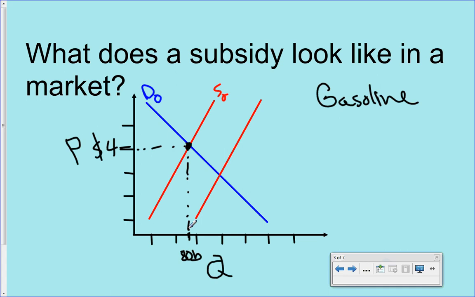They'll say to suppliers, if you lower your cost, we will give you $1 million, let's say. So lower cost equals $1 million per business. If each business gets $1 million, it's going to cost way less for them to produce. That will lead to an equilibrium price right here.